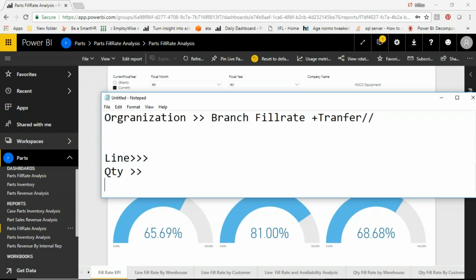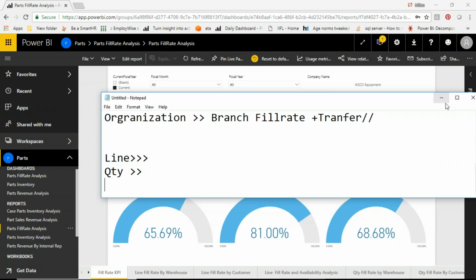If you look at the line fill rate on the same example, that'd be 0%, because you did not fulfill the line, and another customer had to wait or couldn't get that demand fulfilled. So line fill rate is conservative. It's either 0 or 1: either you fulfill the line or you don't. Quantity will give you credit for the partially filled ones as well. So we give you both. You can look at whichever.